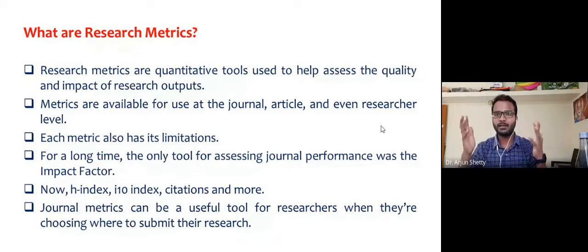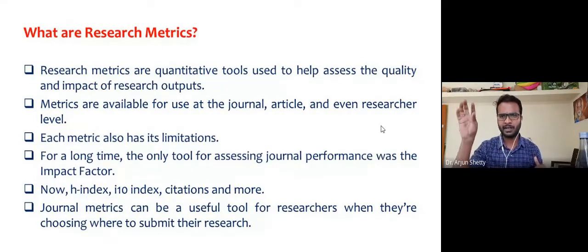You have done a beautiful, innovative, novel work, but you don't want to publish your article in Nature. Fine. You want to publish it in a journal with around 2, 3, or 4 impact factor. Then your work is going to become a 2 impact factor work.